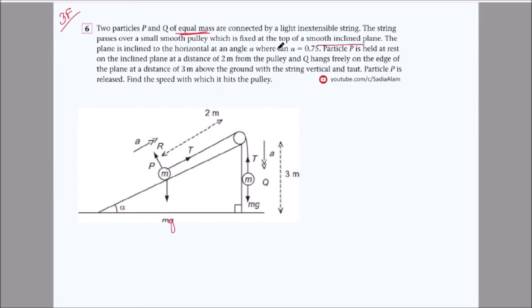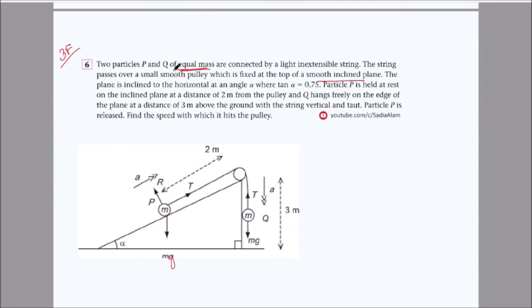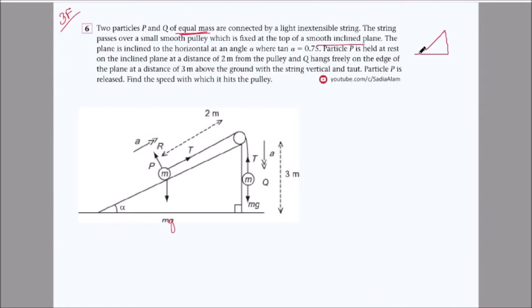The plane is inclined at an angle of alpha, where tan alpha is 0.75, the same thing we have already solved, right? Tan alpha is 3/4.